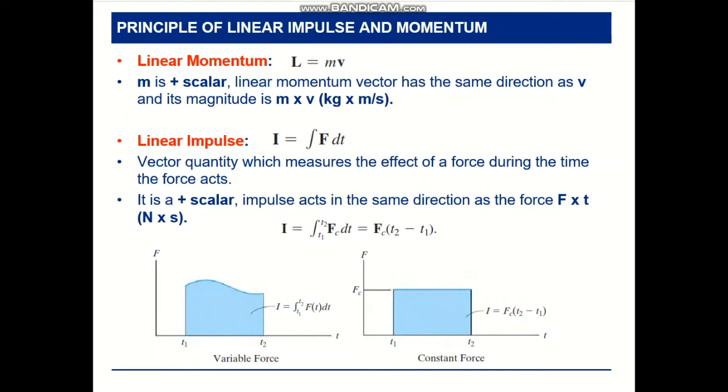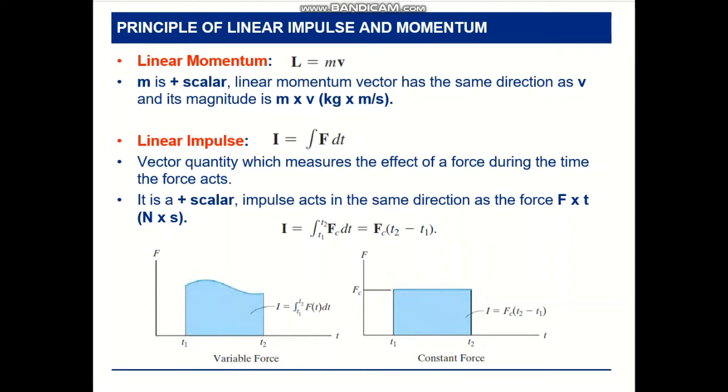Here is the vector quantity which measures the effect of a force during the time. As we know, if the force is constant, then F delta t is going to be our linear impulse.